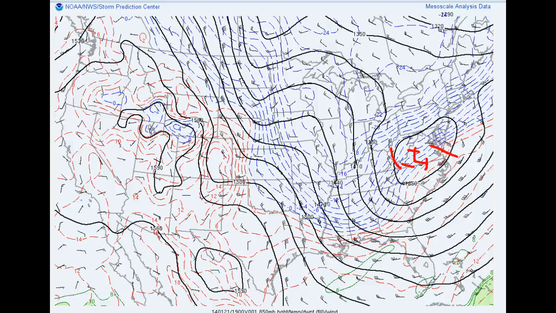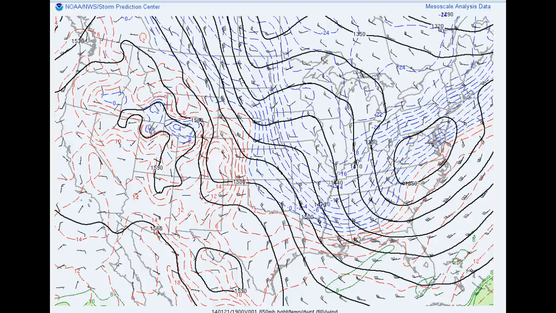Depending on how the storm is tracking, if it's west to east, north to south, or south to north, determines where left is to the track. So you can't say 90 miles to the north is to the left of the track. So this is kind of tracking like this, and 60 to 90 miles to the north, well, that's pretty much where our heavy snow is occurring right now. So that's working out pretty well.